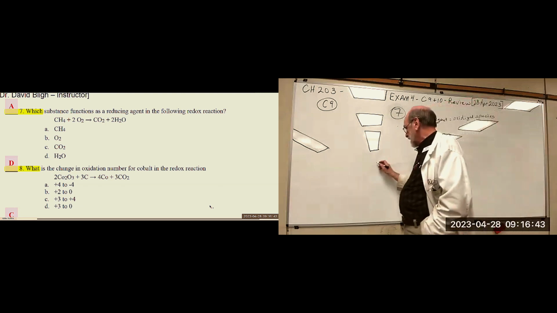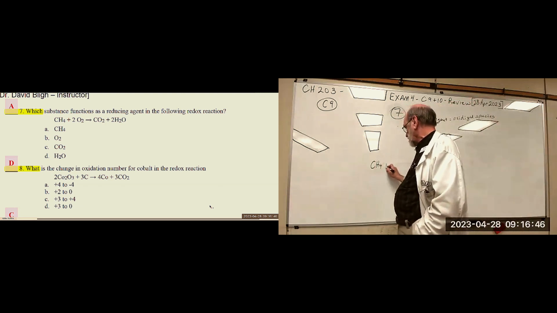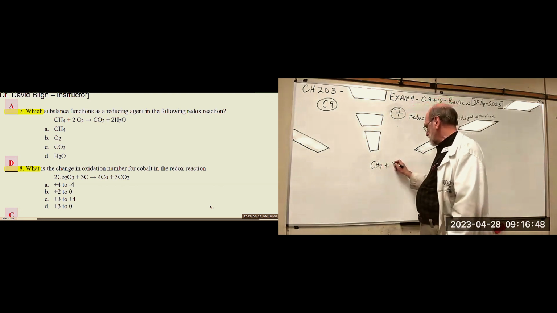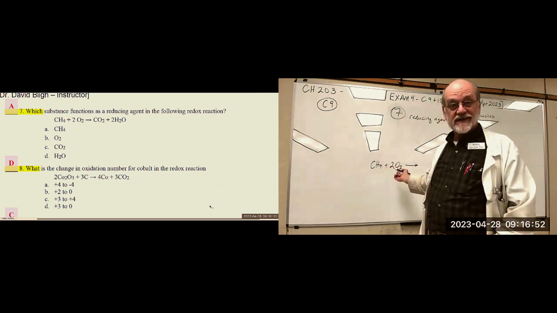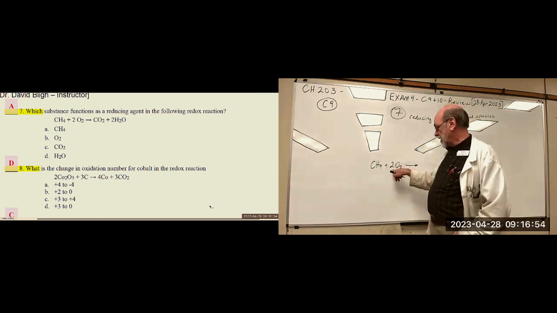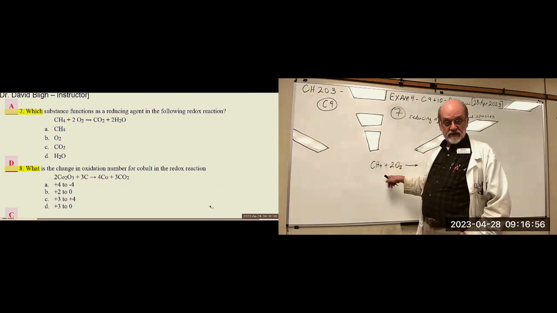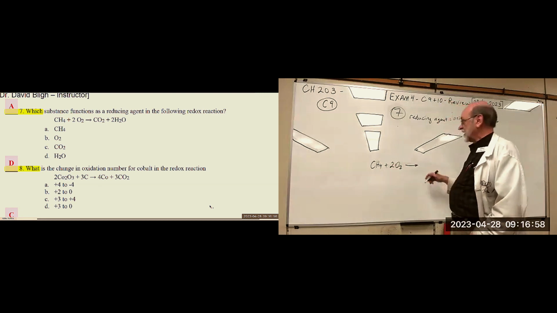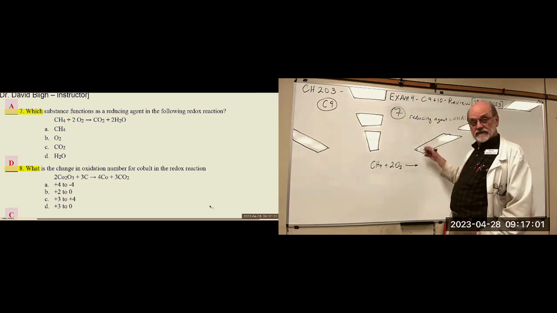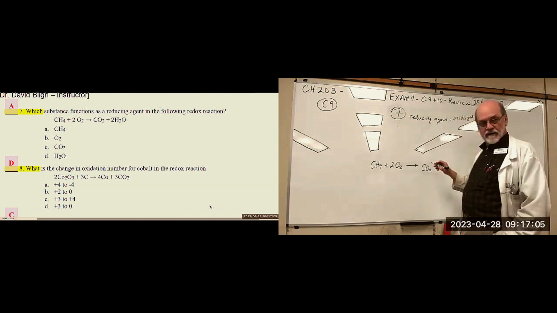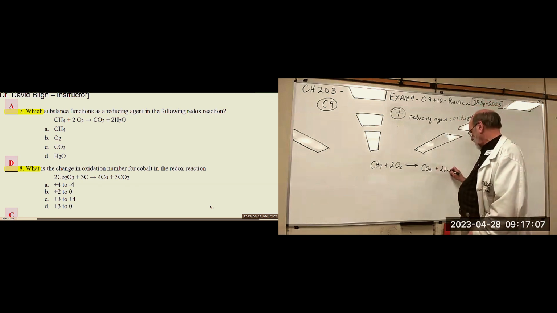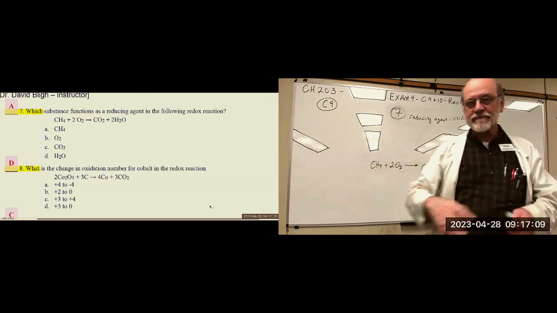All right, so we have methane plus oxygen. By the way, what type of reaction is that? If we got oxygen in it, that's a combustion. It's also an oxidation reduction reaction. And two waters. Okay.